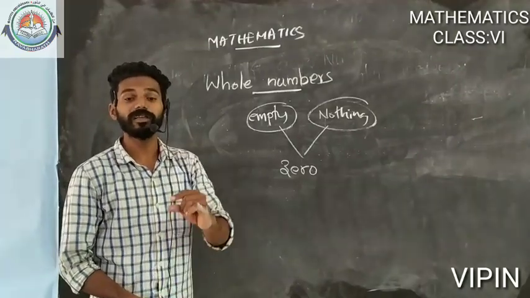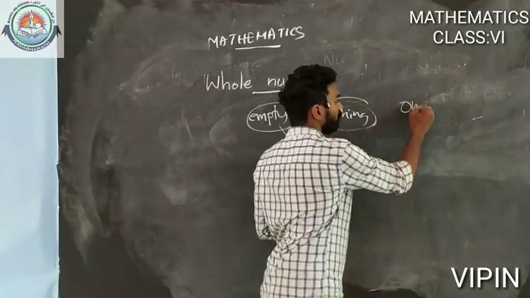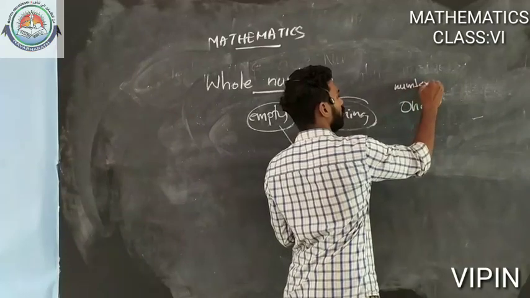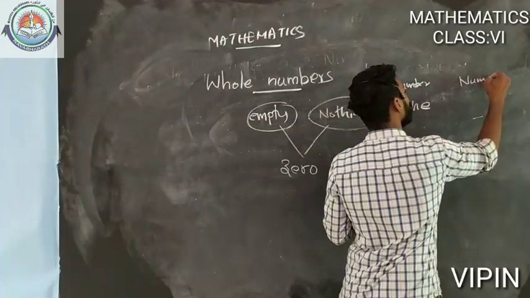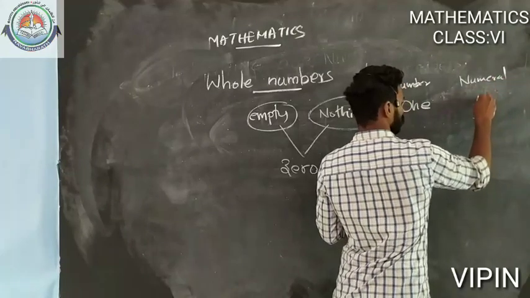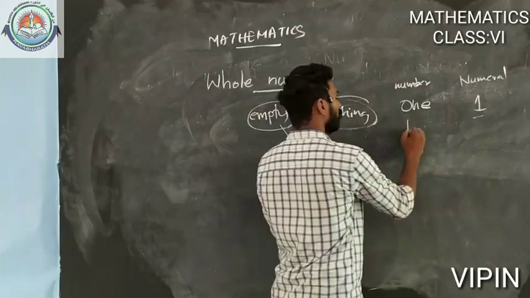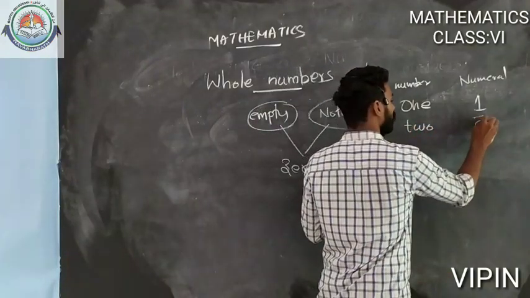0 is a number. So usually we have studied that for all the numbers there is a symbol, and that symbol is called a numeral. For the number 1, the numeral is just like this. For the number 2, the symbol is just like this.